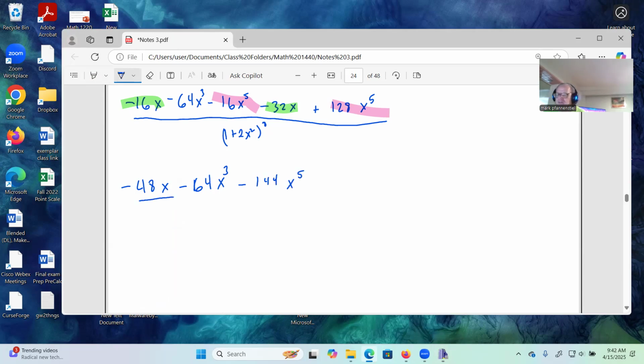And this is all divided by 1 plus 2x squared raised to the eighth power. All right, and this is my third derivative. This is my f triple prime. Okay, you have to remember this going back. The fun thing is that when we put 0 in for all of this, we're going to get 0 over 1. So this is all going to be 0 when we're done. So it's like, why are we going through all this work to do this?